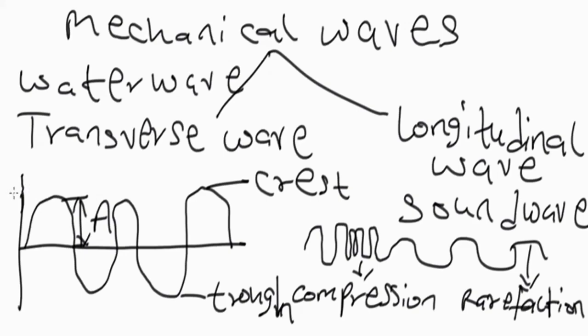Okay, so let's wipe this now and look at parameters used in wave motion in physics. Let's begin with frequency. Now, frequency is the number of oscillations or cycles completed in 1 second by a particle. Alright, so in wave motion, just like in simple harmonic motion, frequency is the inverse of period.